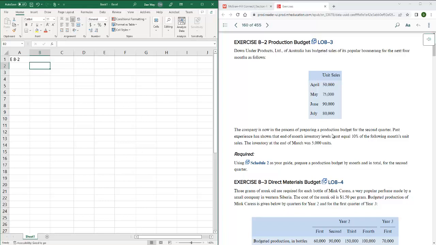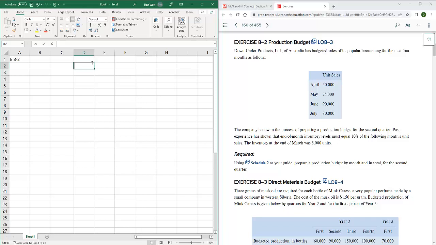You never want to turn a customer away, in other words, right? You always want to make sure we can fill customer orders or requests. Now, there is such a thing, too, as being overstocked, so we want to be cognizant of that. But in this case, the company's decided that a good enough cushion is about 10% of the following month's expected unit sales, just to account for any kind of bumps in demand.